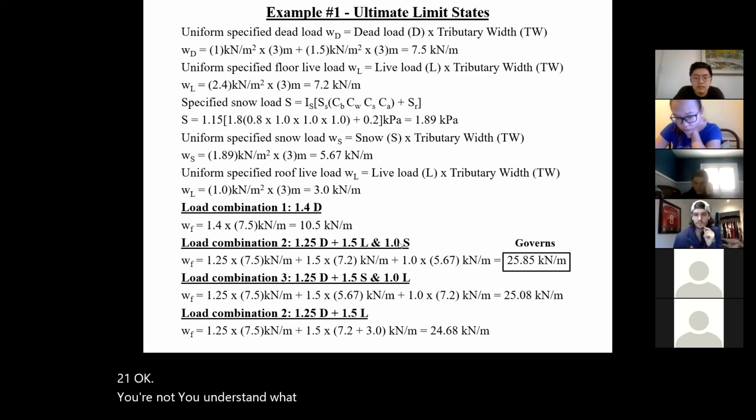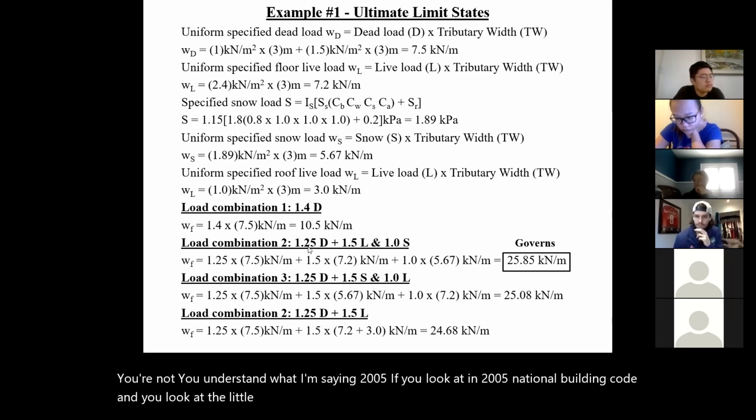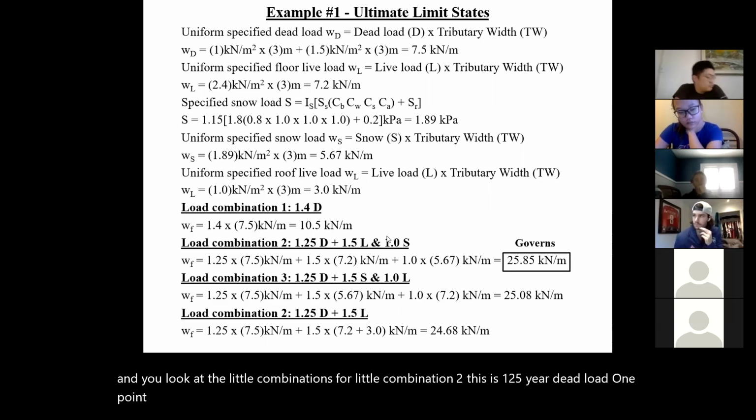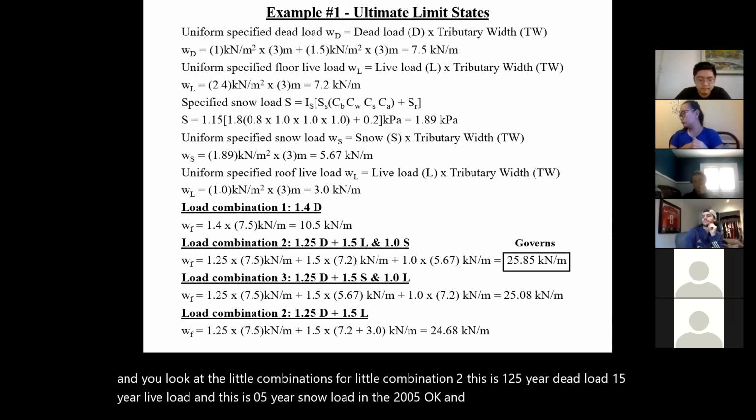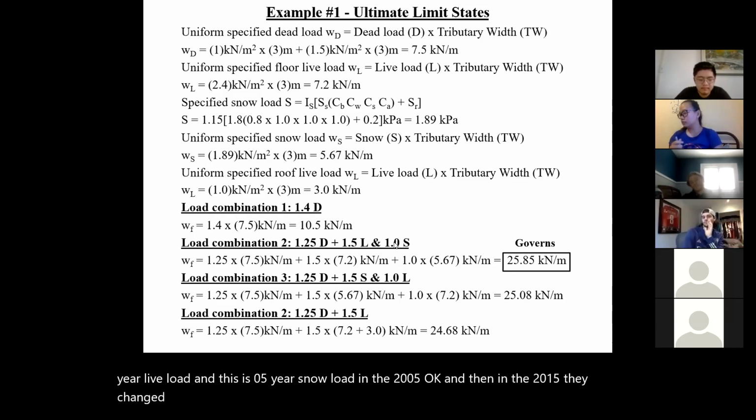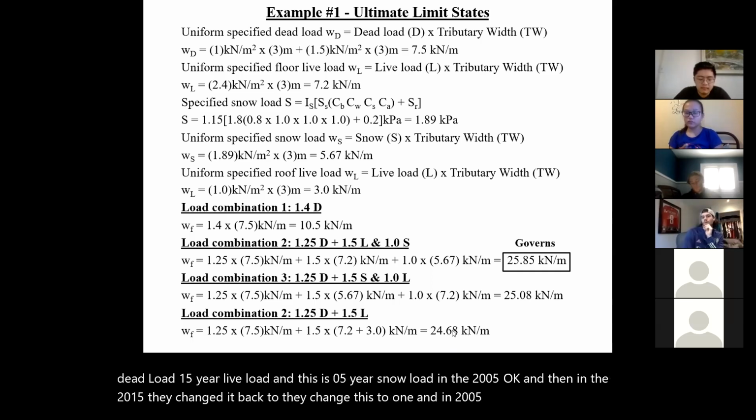Like 2005, if you go look at the 2005 National Building Code and you look at the load combinations, for load combination number 2, this is 1.25 your dead load, 1.5 your live load, and this is 0.5 your snow load in the 2005, okay? And then in the 2015, they changed this to 1. And in 2005, believe it or not, this is the one that used to govern the design.